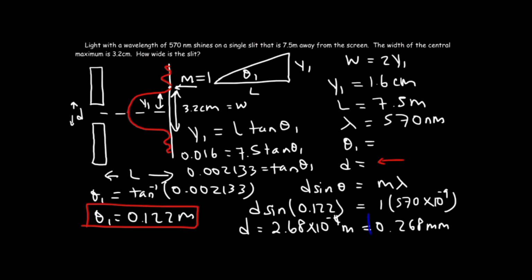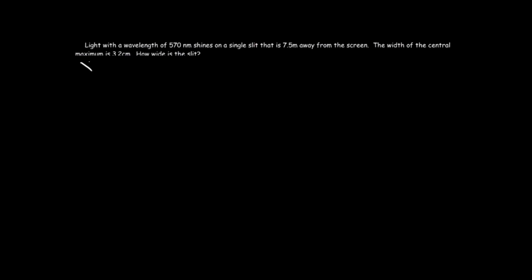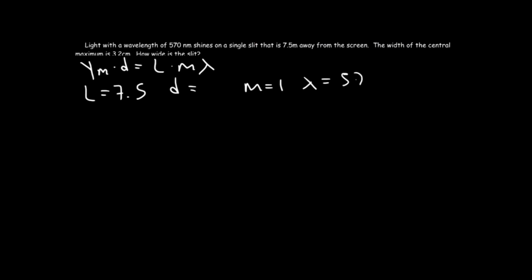So let's see if we can get the same answer using another formula, since theta is very small. The formula is y_m times d equals L times m times lambda. L is 7.5 and we're finding the d. m is 1. Lambda is 570 nanometers. And since y1 is half of the central maximum, y1 is 1.6 centimeters.